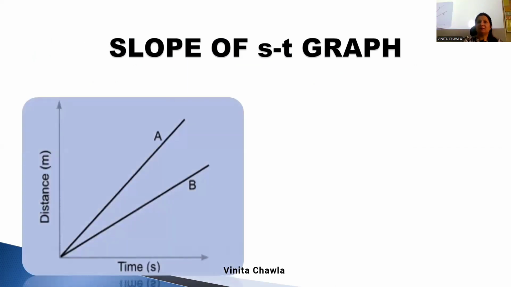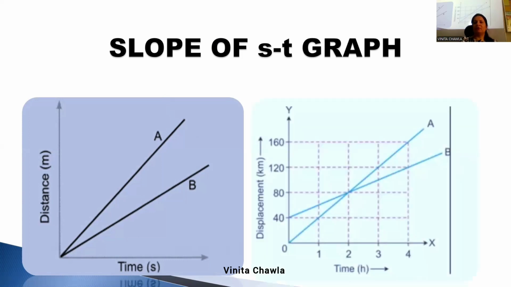So we get speed. Now, out of A and B, which one is moving with greater speed? A is moving with greater speed. Why? It has greater slope. Greater slope indicates greater speed.